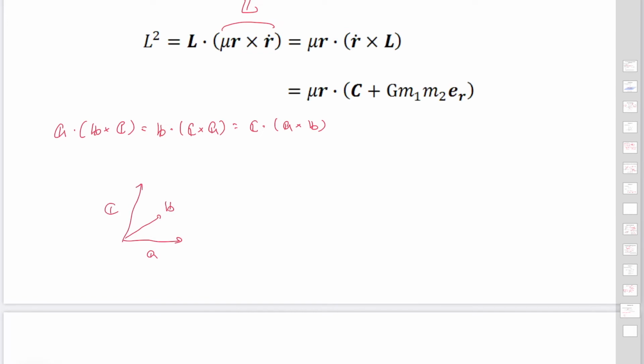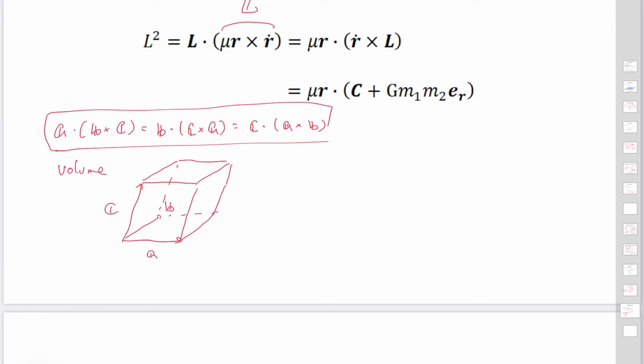We have these formulas because, if you consider three vectors A, B, and C, actually these quantities correspond to the volume. A cross B corresponds to the area and its direction, and you take a scalar product.